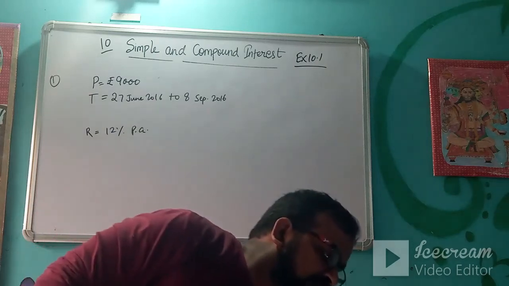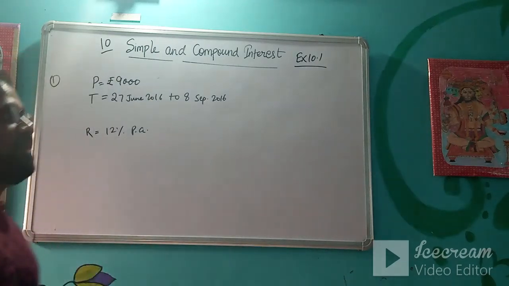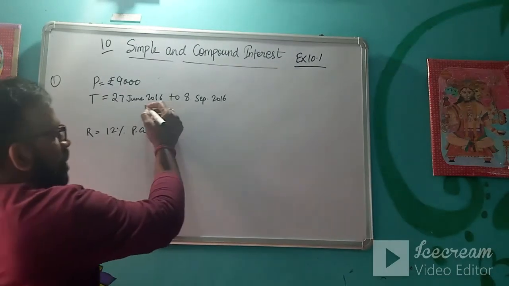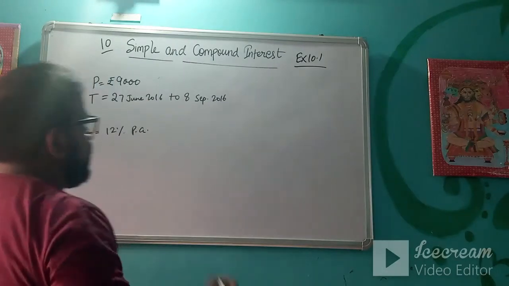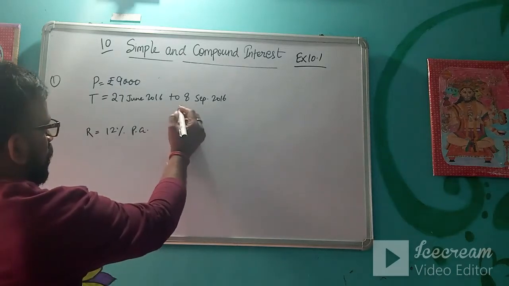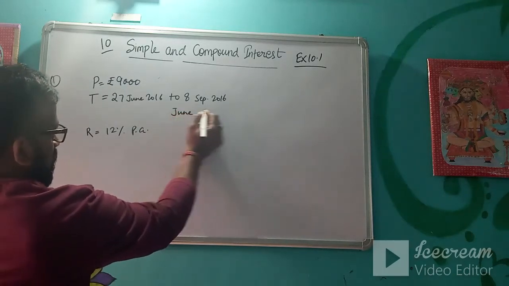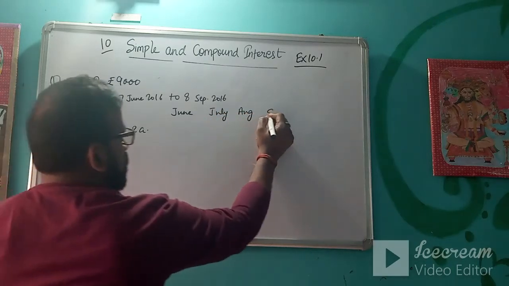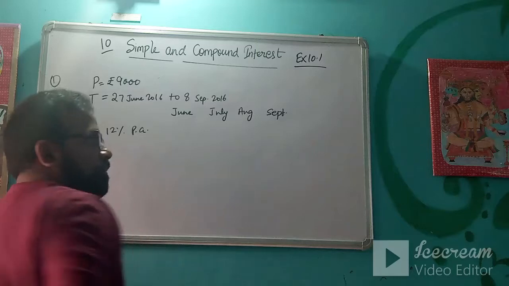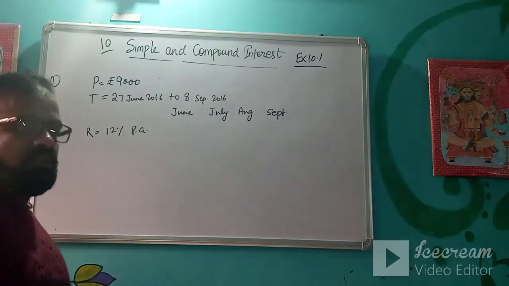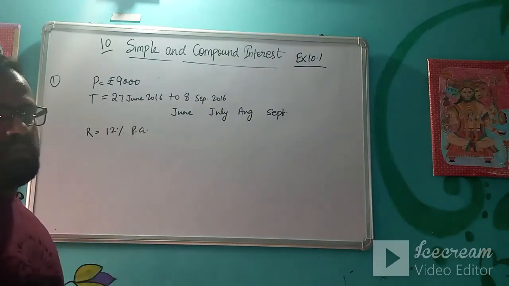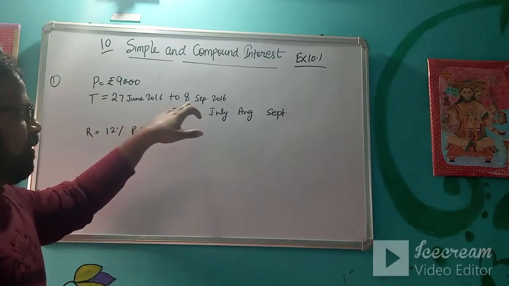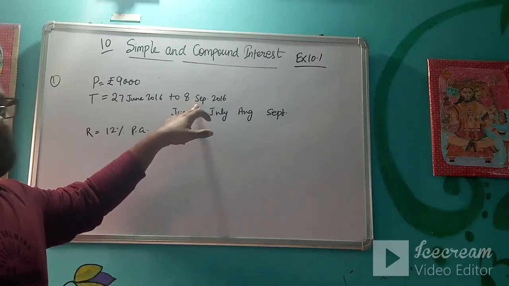So we have to calculate the amount that is paid by Dinesh. Since it is not completing 1 year, first we will calculate the number of days. For calculating the number of days, it is June, July, August and September. One more important thing is that whenever you calculate the number of days, either you take the starting date or you take the end date into consideration.